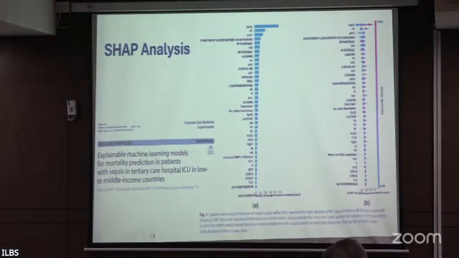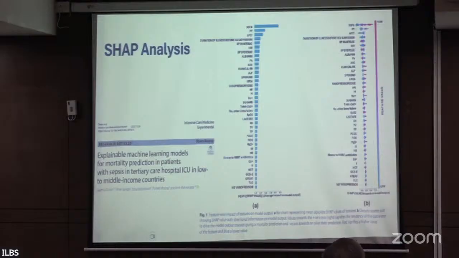The values on the right side of the x-axis, the positive side, are pushing the model to predict the mortality class, the positive class. If we see the SOFA score, a higher SOFA score was associated with the prediction of mortality, and those who survived had a lower SOFA score.